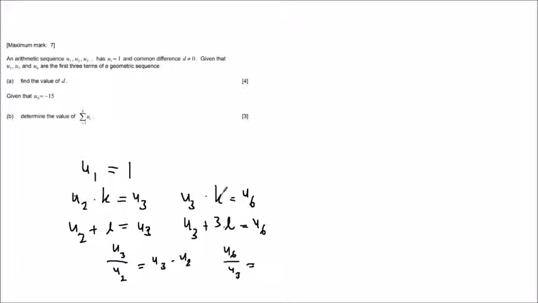Wait, this actually, no, that's flawed logic. That's not correct. u2, u3, and u6 are the first terms of a geometric sequence. u2 add something gets you u3, u3 add something gets you u6.